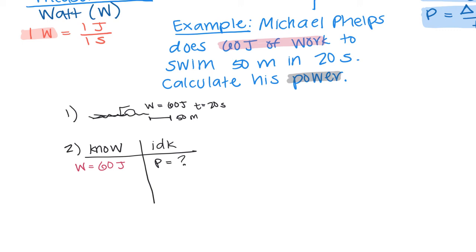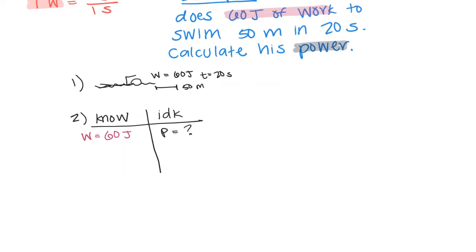It is not a number that's going to be super useful to us. We can go ahead and write it in our know column because we do have that information from the problem. But just note that we might not necessarily need all of those numbers that the problem gives us sometimes, all right?